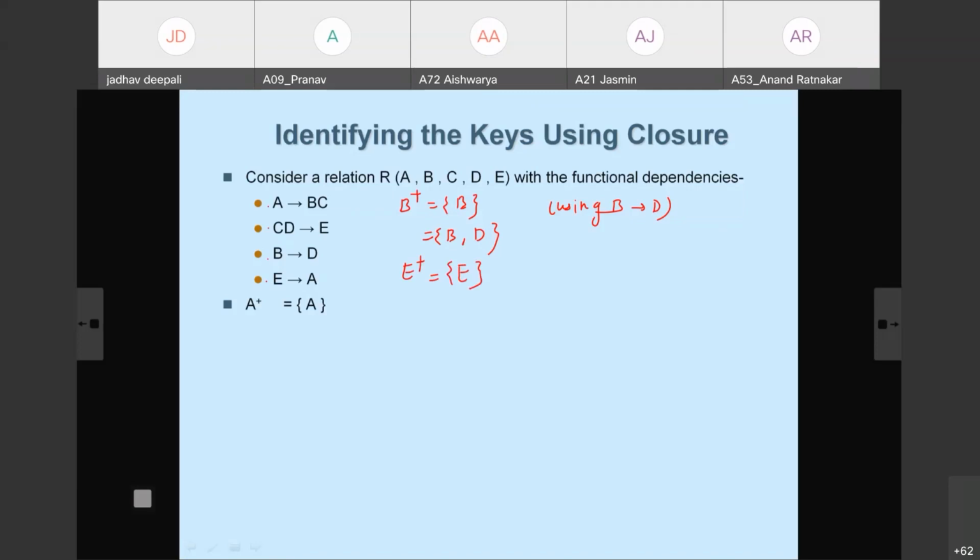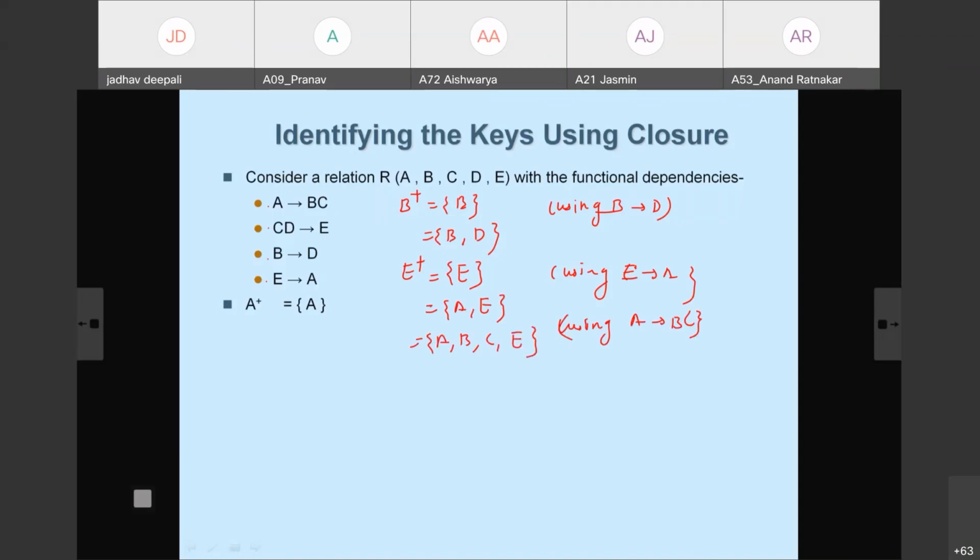Using E on the left hand side, E tends to A, so A comes into the result, A and E. Next, using A tends to BC, BC comes into the result, A, B, C, E.